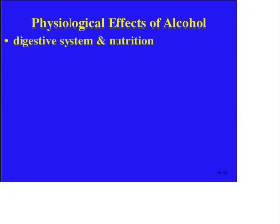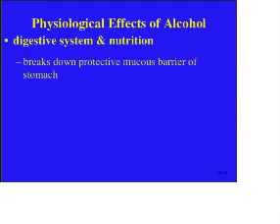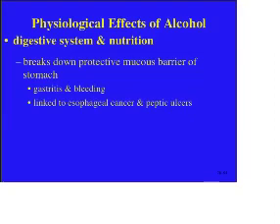Further effects: it can affect the digestive system and your nutrition. It breaks down the protective mucous barrier of the stomach, which can result in gastritis and bleeding. It can also be linked to esophageal cancer and peptic ulcers.